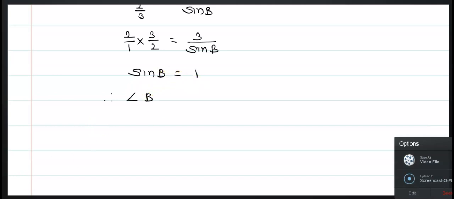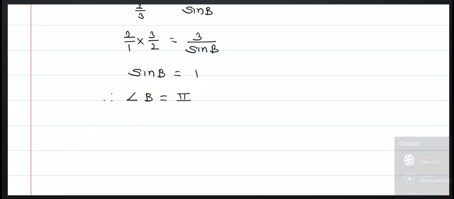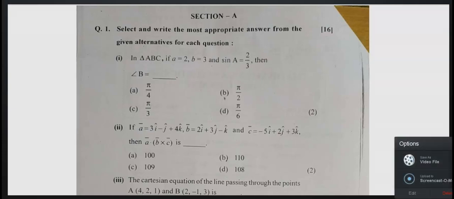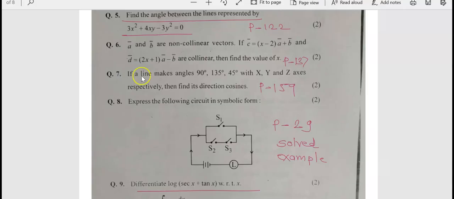It means that the measure of the angle B is equal to pi by 2. Again, you can see this here also.